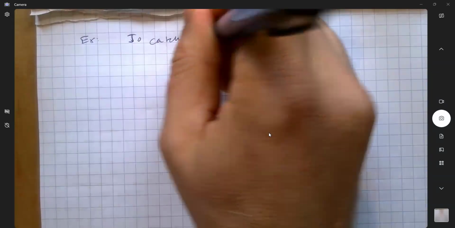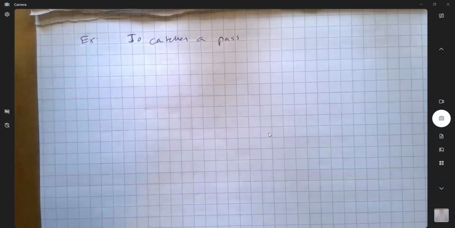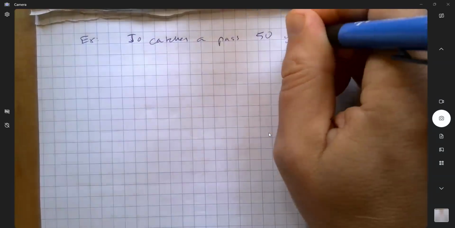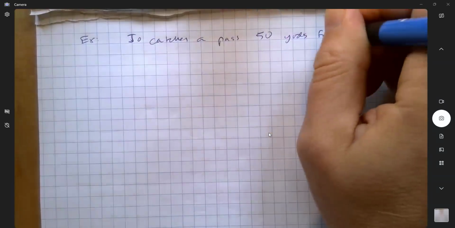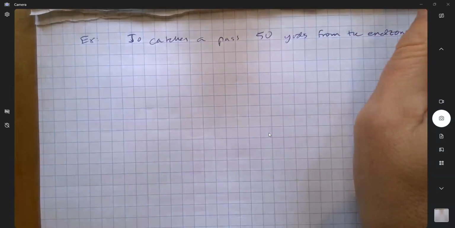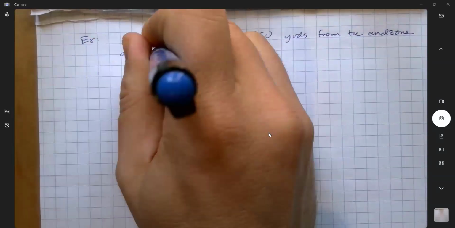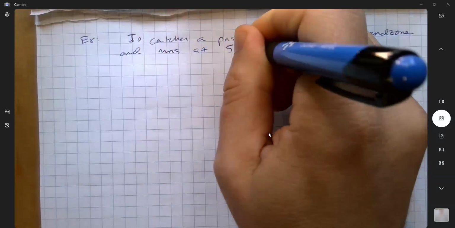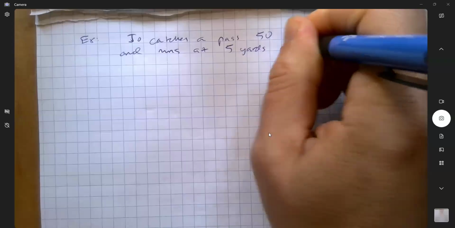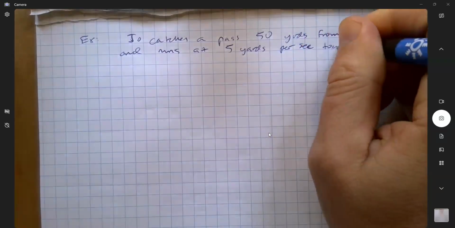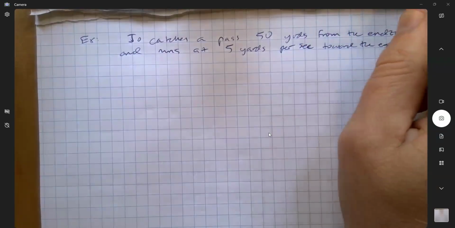Joe catches a pass 50 yards from the end zone and runs at 5 yards per second. I don't know if that's fast or not. Feels fast to me. Toward the end zone.